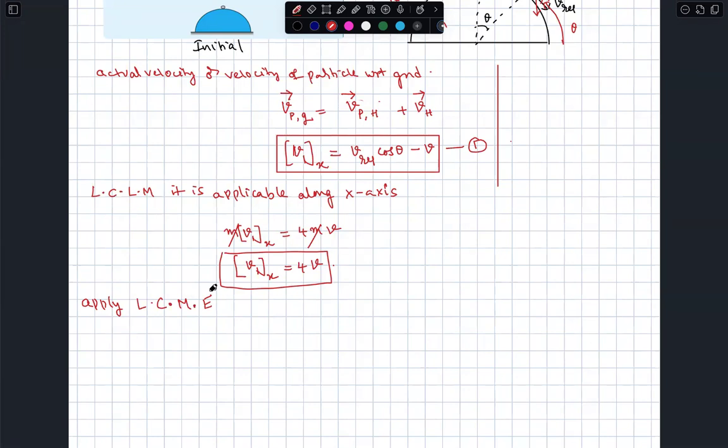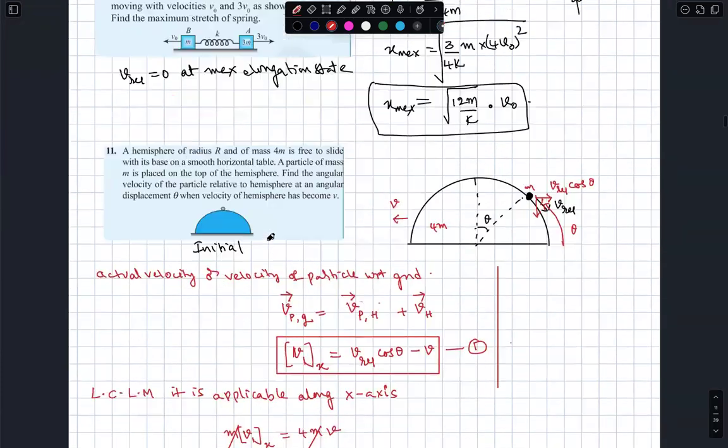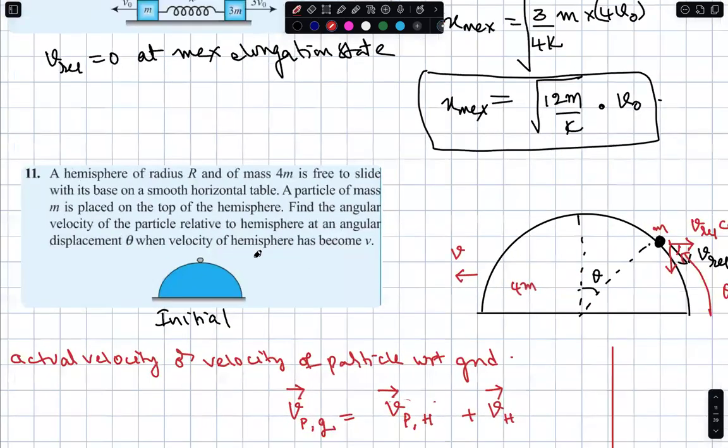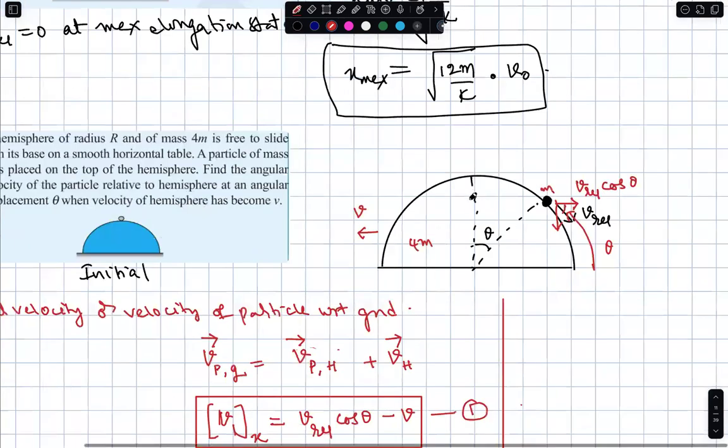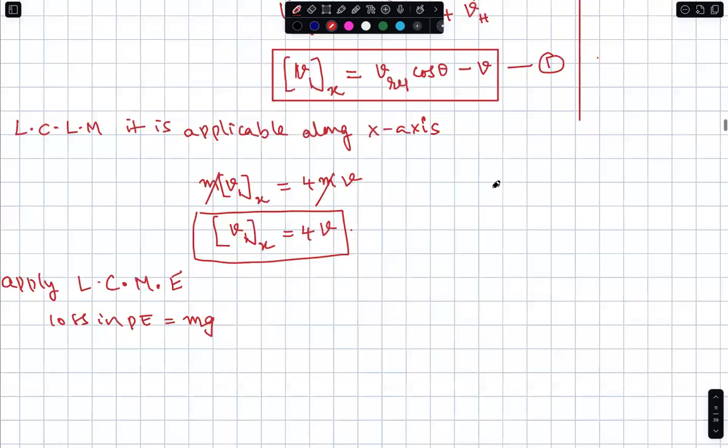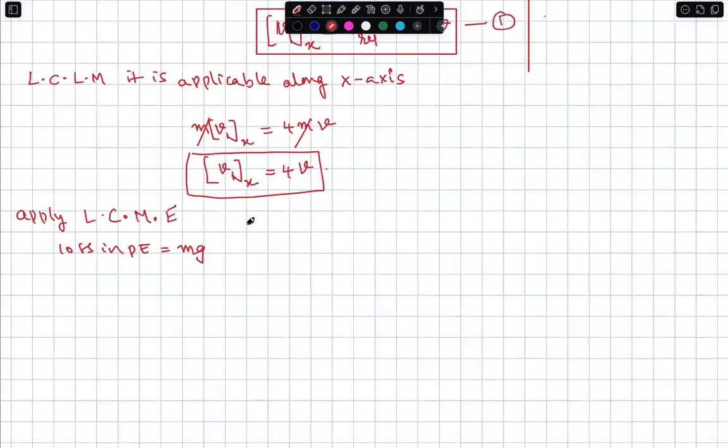Now, in this case, try to understand where the loss is. This is H, and H is R minus R cos theta. You know this already. So now you are applying the law of conservation of mechanical energy.